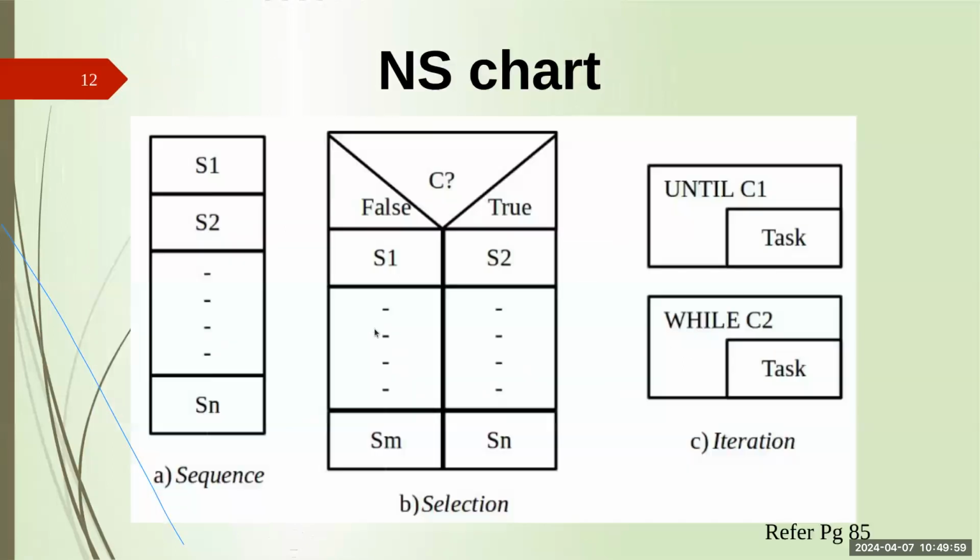This is also a structure chart. We can write flowcharts like this, either an MS chart, structure chart, or flowchart. If the selection is false, go this way. If the selection is true, go this way. This is two-sided iteration until Y.